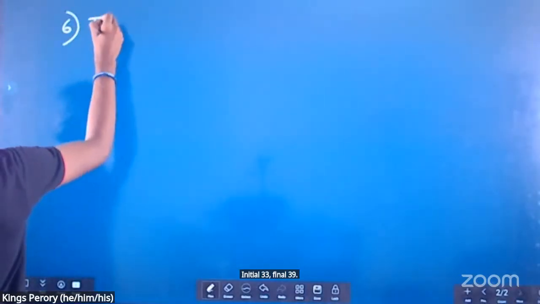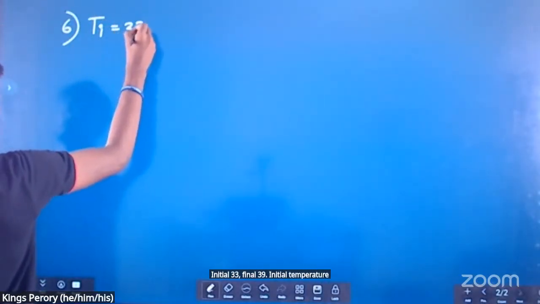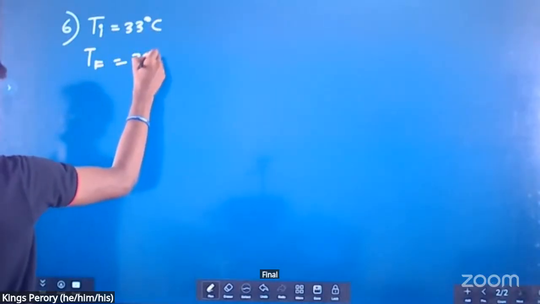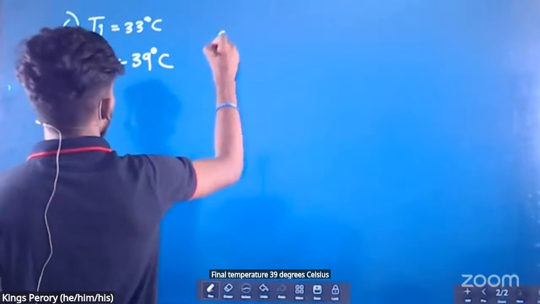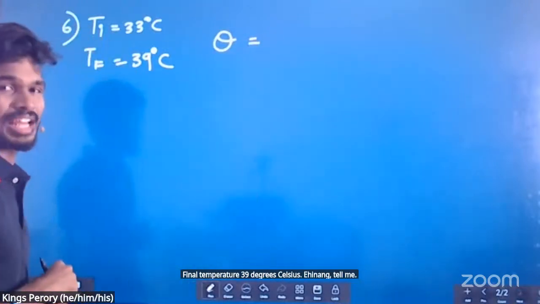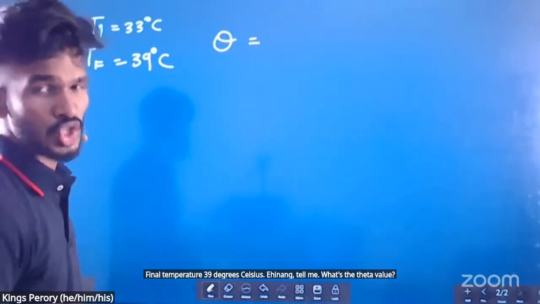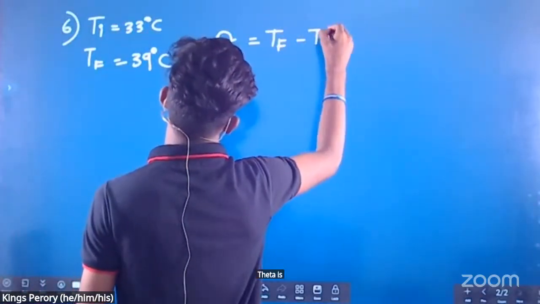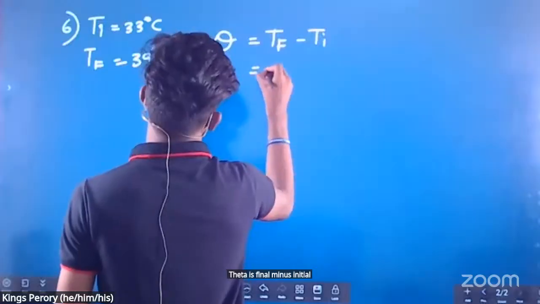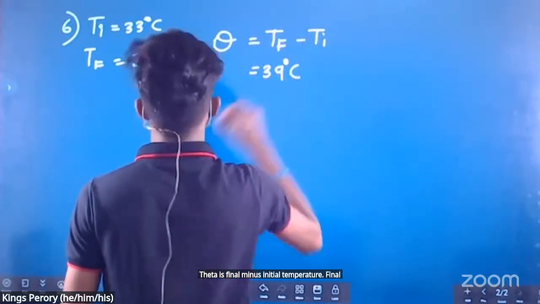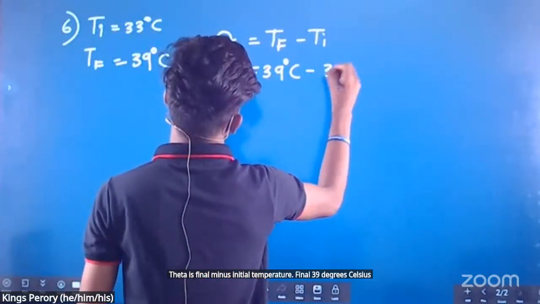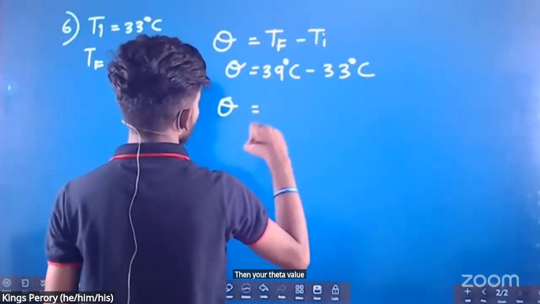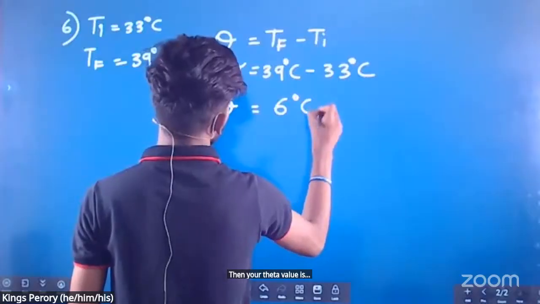Tell me, what's the theta value? What's the temperature change? Theta is final minus initial temperature. Final 39 degrees Celsius, initial 33 degrees Celsius. Then your theta value is 6 degrees Celsius.